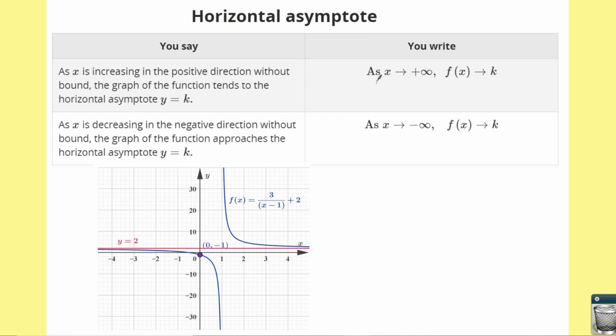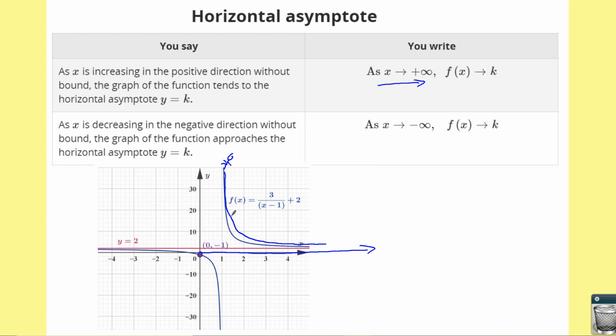As x goes towards infinity, so as we go left to right along our graph, notice my y value suddenly starts to taper off and get close to a certain value.